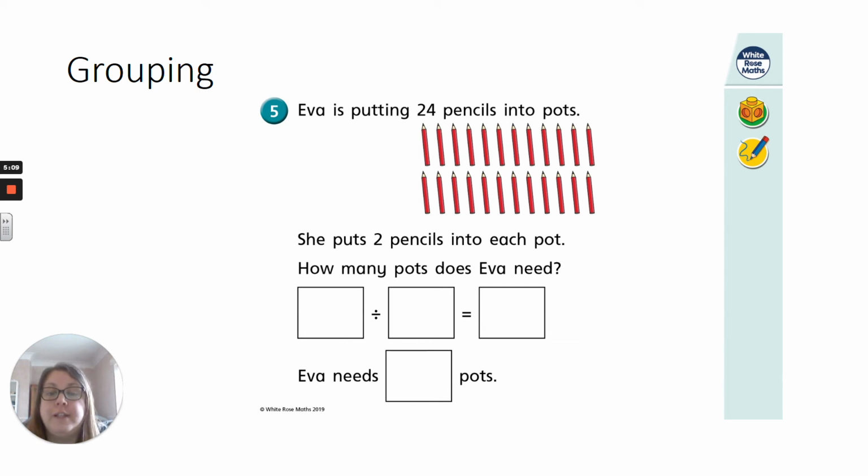But then have a go at writing the number sentence that goes with it. You might have even just known because you know some of your division facts against your times table facts. So it's 24 divided by 2, because we want pencils in 2, which makes 12. So we know she needs 12 pots. Well done if you've said that.